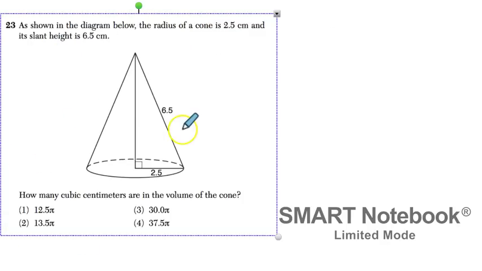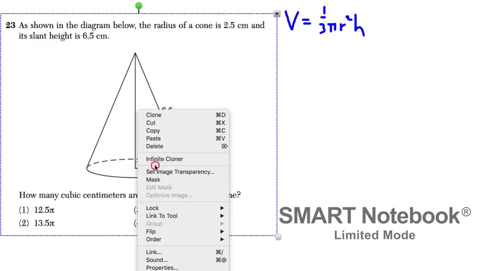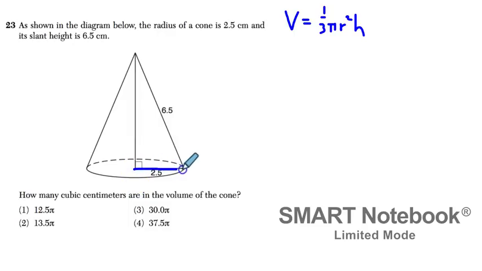Just 2 more questions. This was the most commonly missed, just because of a simple thing. I know that in a cone, the volume is 1/3 pi r squared h, according to my formula sheet. I know my radius is 2.5. And I know that the height always has to be perpendicular to my base.